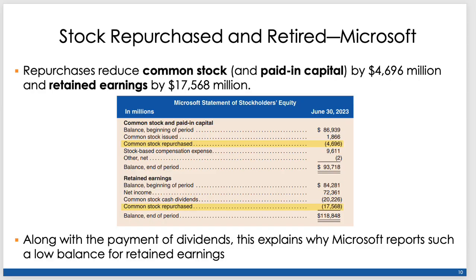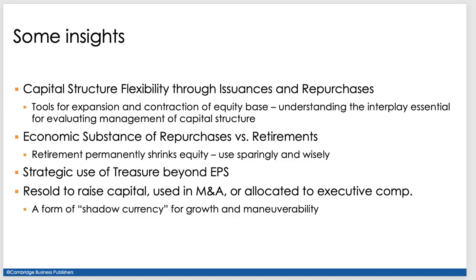You can see here the actual effect of common stock repurchased and the retirement or the reduction of retained earnings. That's one of the reasons why in this particular year Microsoft reported a relatively low balance for retained earnings, primarily because of the effect of stock repurchase and retirement.